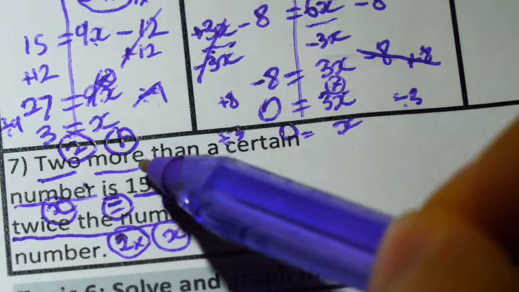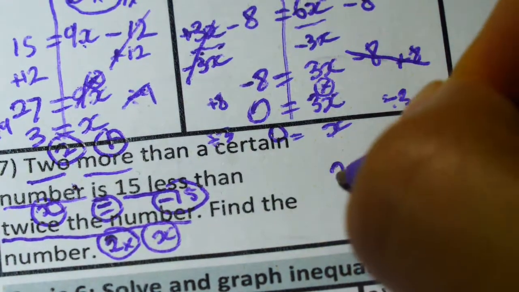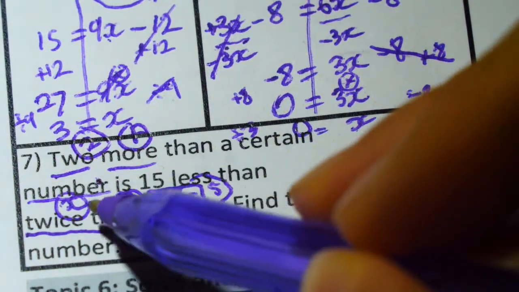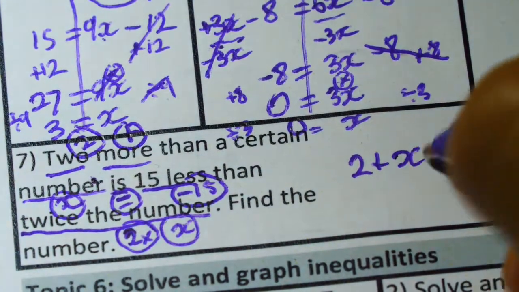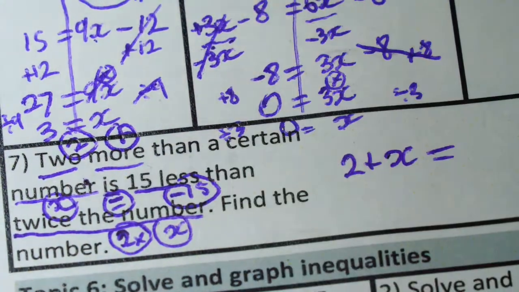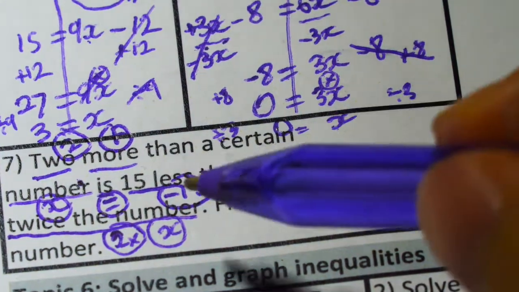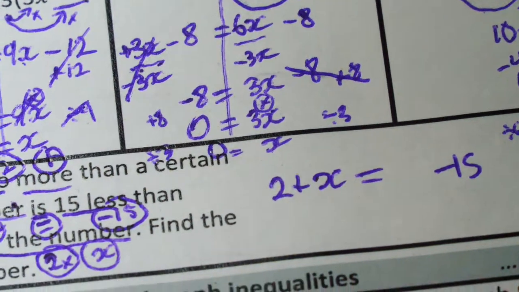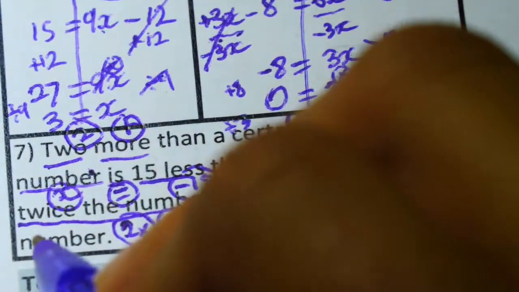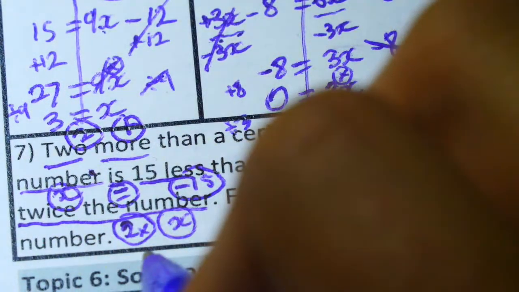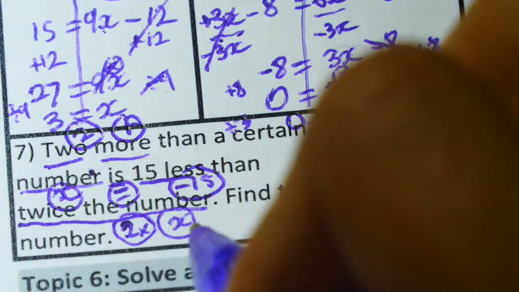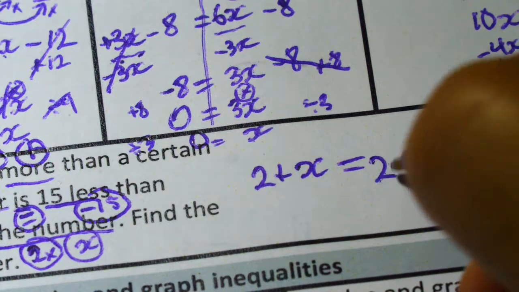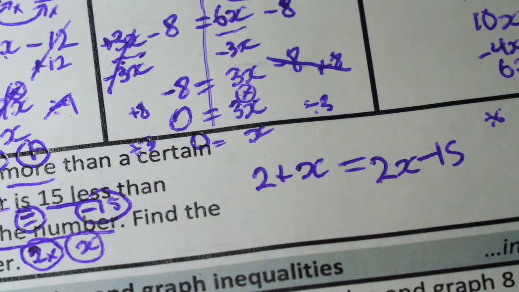We have 2 more, 2 plus a certain number x, 2 plus x equals 15 less, I'm going to write minus 15 here, then twice the number. Twice means 2 times the number x. 2 times x is the same as 2x. So this is our equation.